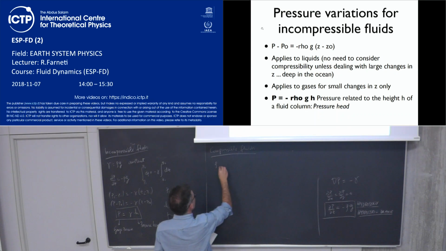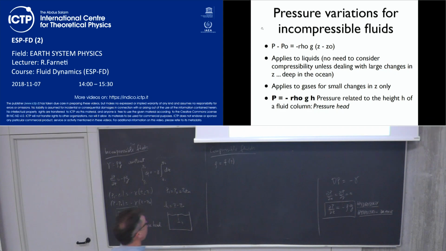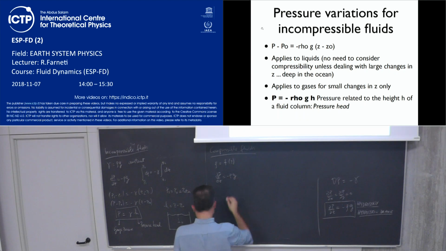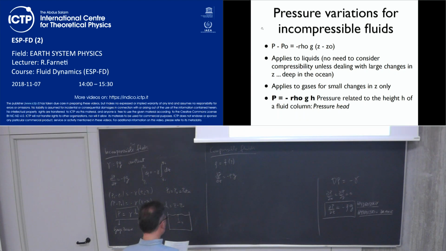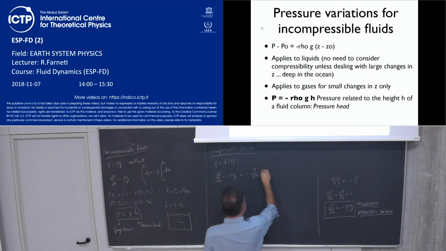The density of air is highly a function of pressure. So now we start again with the hydrostatic balance: minus g, which is minus rho g.